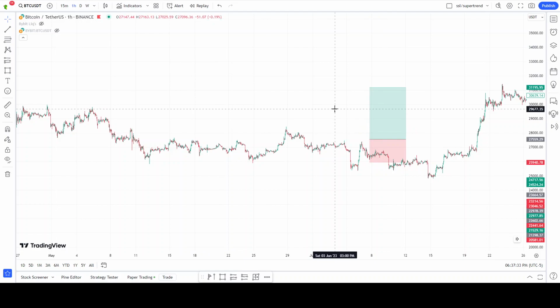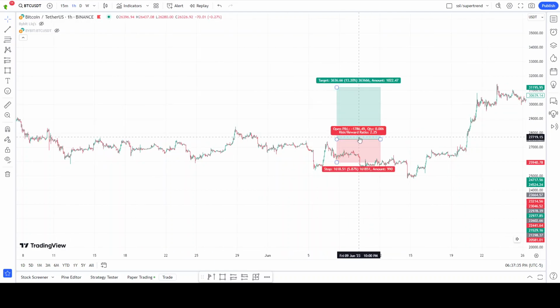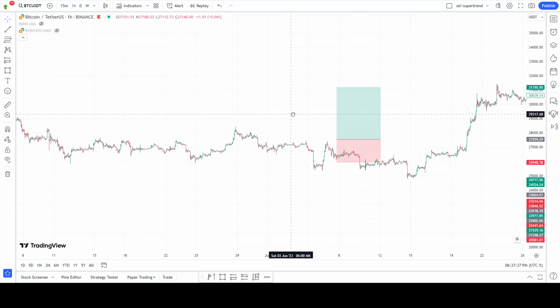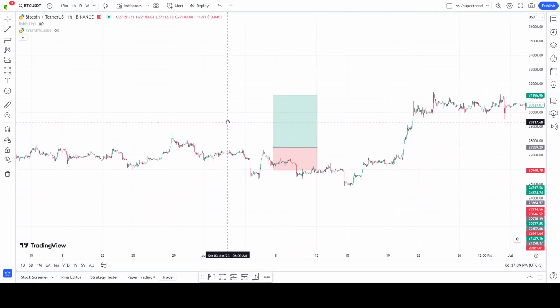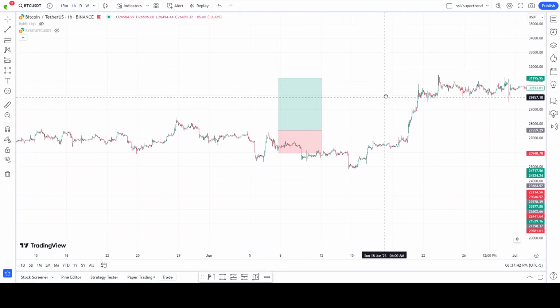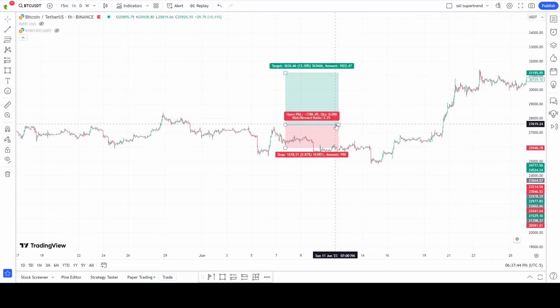So if this was our trade right here, I cherry picked it a little bit. That's okay, I purposely cherry picked this.